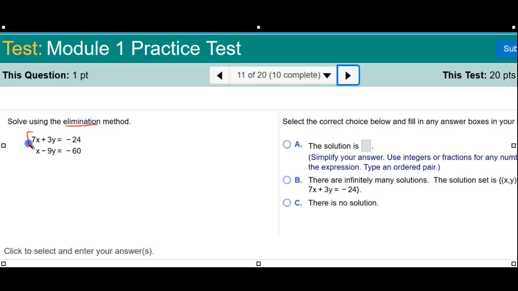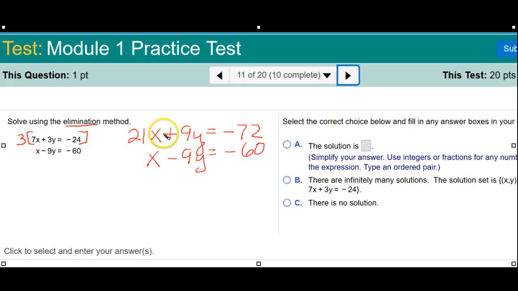So I'm going to modify this equation by multiplying each term by 3. So here this becomes 3 times 7x, 21x. 3 times 3y is a positive 9y. And 3 times a negative 24 is a negative 72.